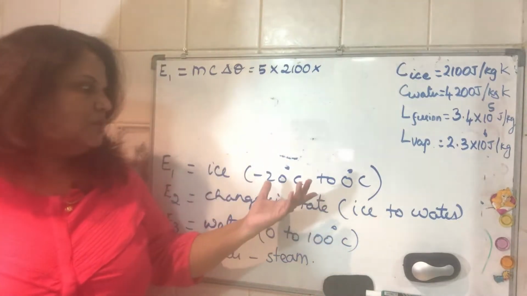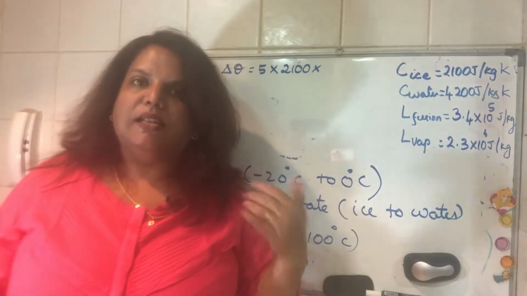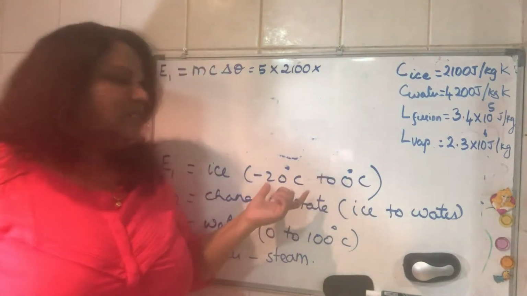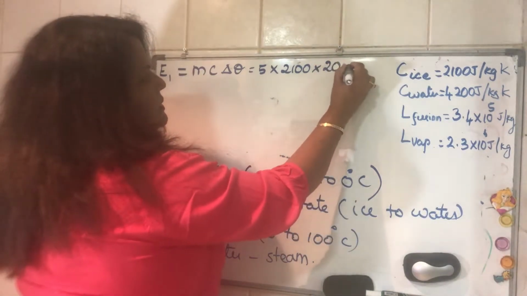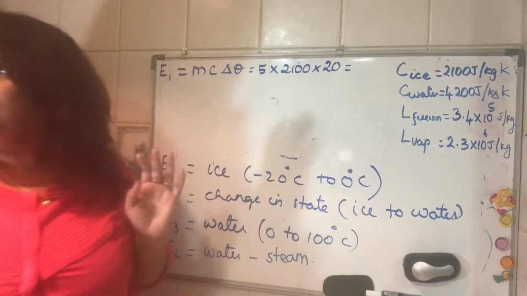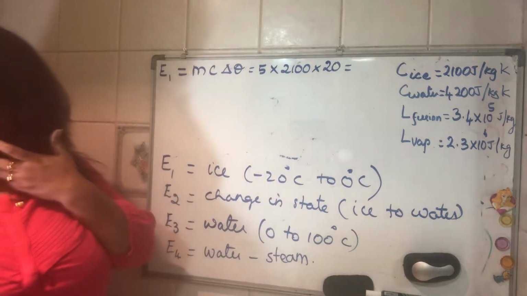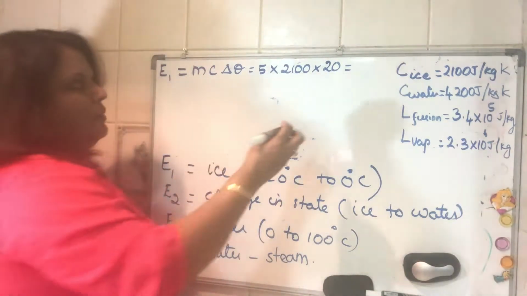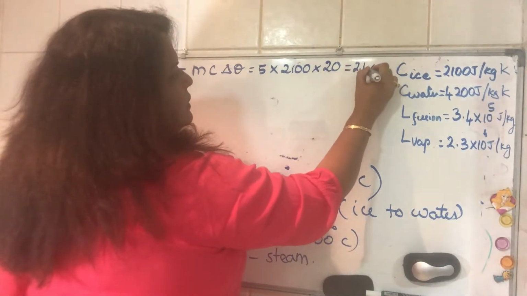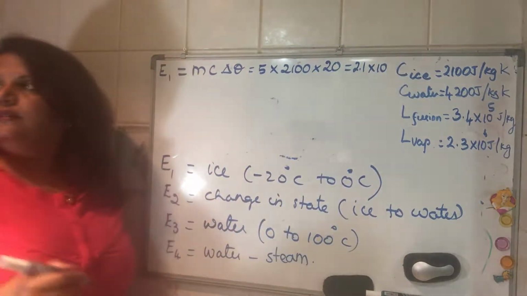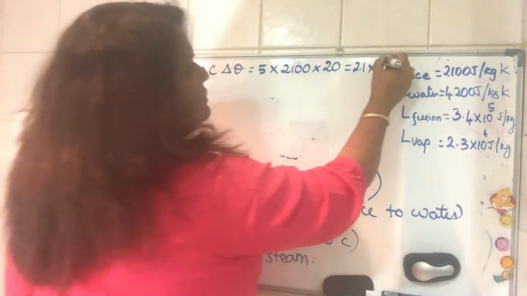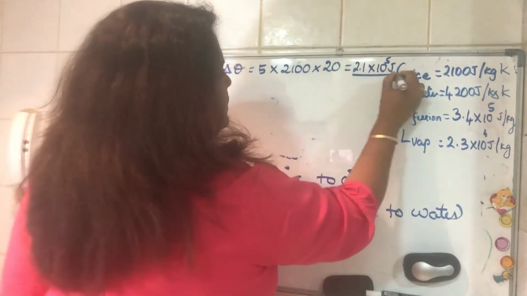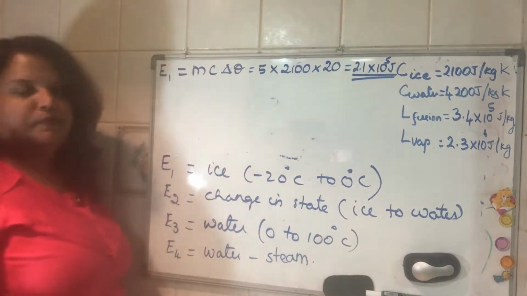You don't have to convert it to the Kelvin scale. Even if you convert and take the difference, it will still be 20 degrees. So the difference is 20 degrees, and the answer that you get would be 2.1 into 10 to the power of 5 joules. So that's your E1, right?